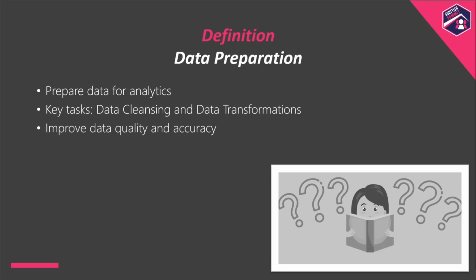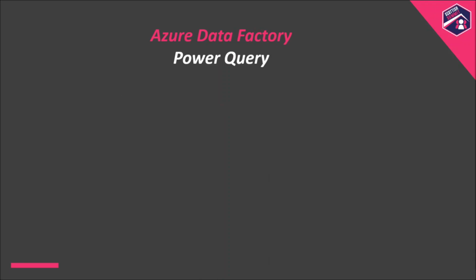Now it's time for us to look at the core feature. We have enough context now to concentrate on Power Query in Azure Data Factory. Firstly, previously Power Query in Azure Data Factory was known as wrangling data flows.